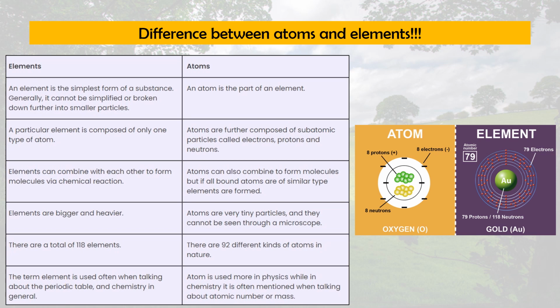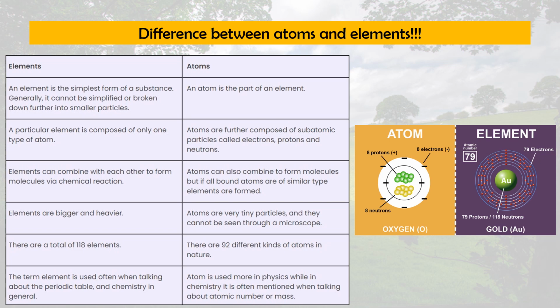And normally an element is composed of only one type of atom, and atoms consist of electrons, protons, and neutrons. Elements can combine with each other to form molecules via chemical reaction, but in the case of atoms, they can also combine to form electromolecules.